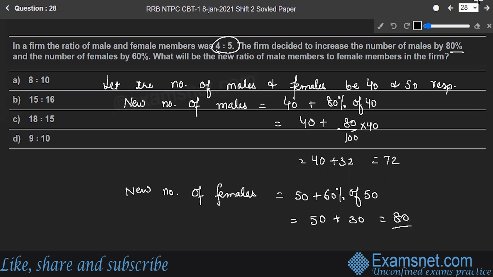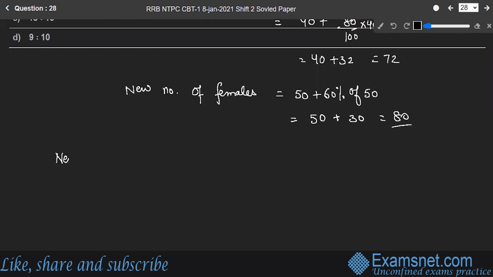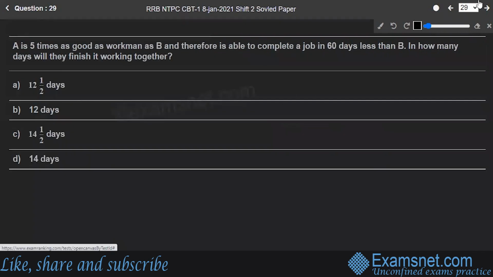Now it is asked what will be the new ratio of male to female members. New ratio is 72:80, that is 9:10. So I have option D as the correct answer. Hope you understood this. Next is question number 29.